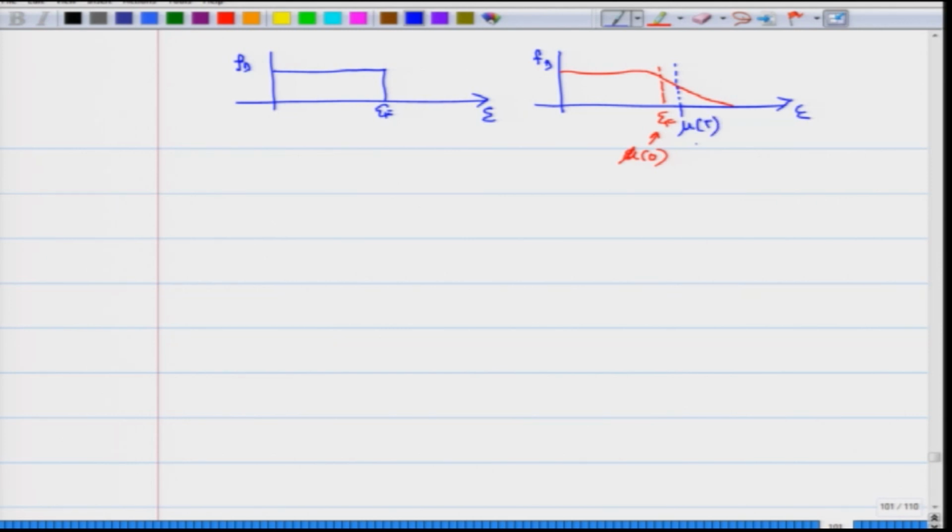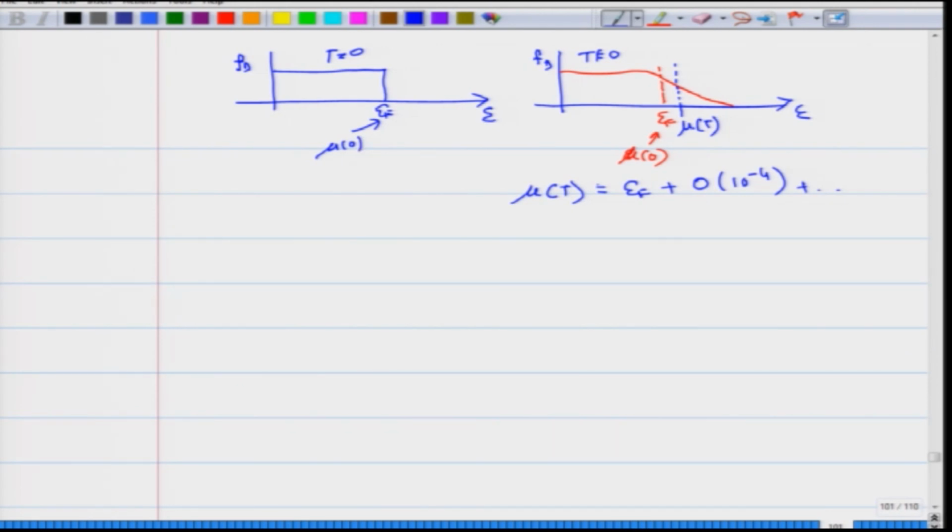This is the chemical potential at finite temperature, and it is the chemical potential at 0 temperature plus a term which is of the order of 10 raised to minus 4 and higher order corrections. But you can see I have exaggerated the shift in the chemical potential with respect to 0 temperature. This is at a finite temperature and this is at 0 temperature, the chemical potential at the Fermi energy.